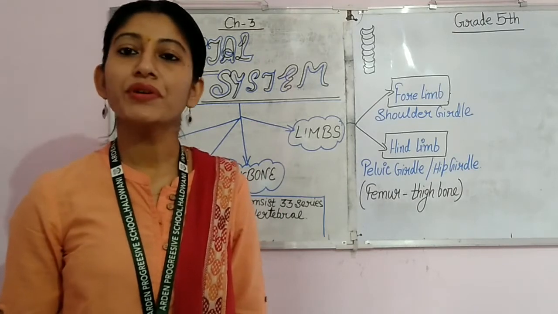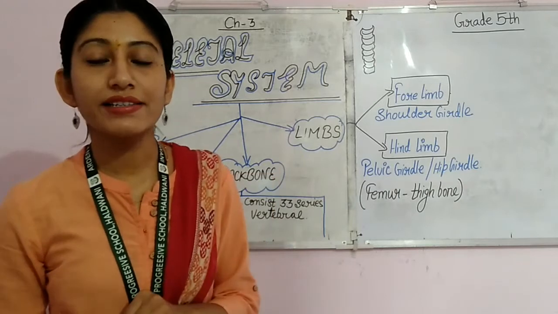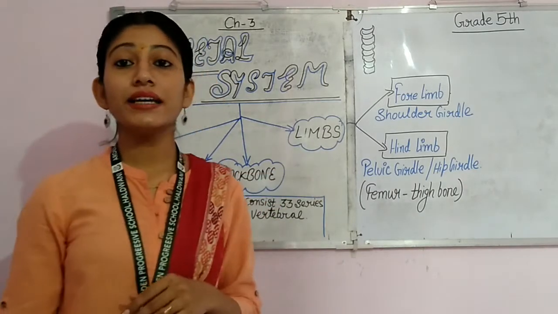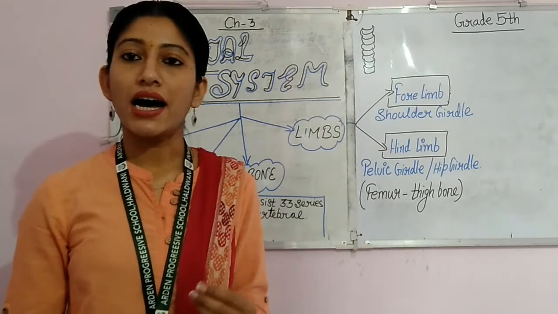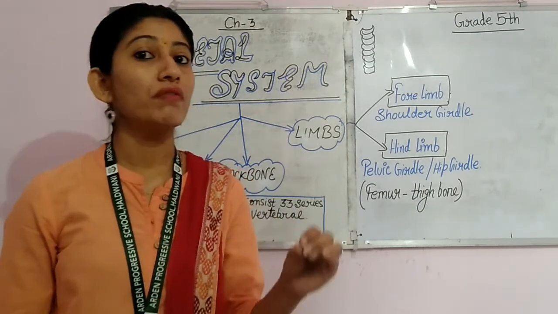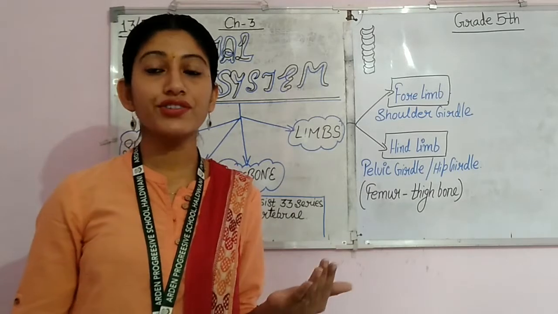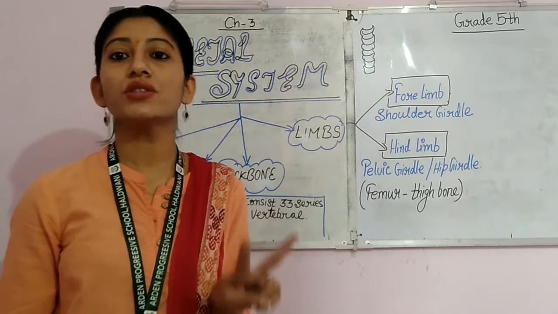Now it's time to discuss the fourth part of the skeletal system, that is limbs. Let me make it clear that limbs are of two types, or we can say two pairs of limbs. This is not new for you because in the previous chapter I have already told you that we have two pairs of limbs.